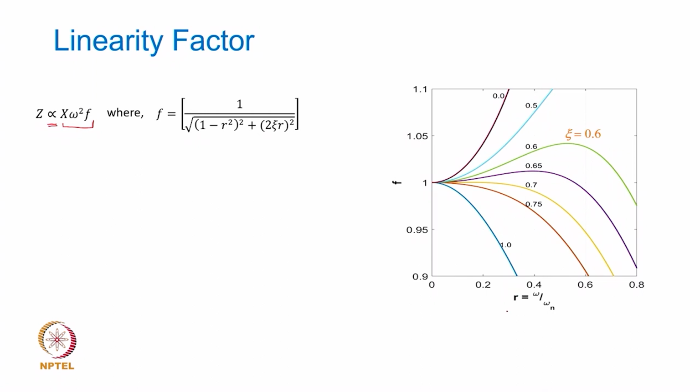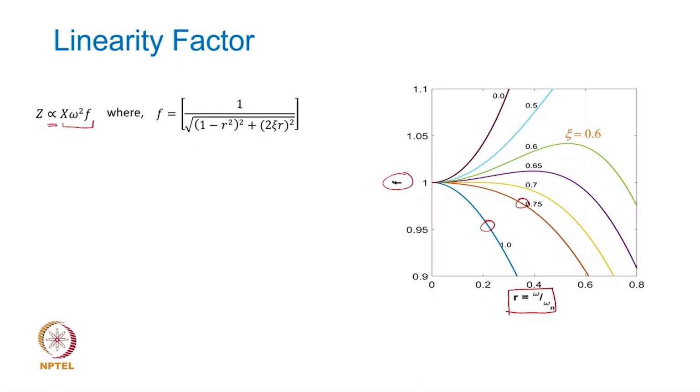So, I am going to again plot it with respect to the forcing frequency ratio, and this function is being plotted here for different damping factors. I mean, these damping factors we rarely use in a typical vibratory system, because we know that for all of our mechanical vibratory systems, the damping ratio really does not go beyond 0.1, right. But here what we are trying to draw is the variation.